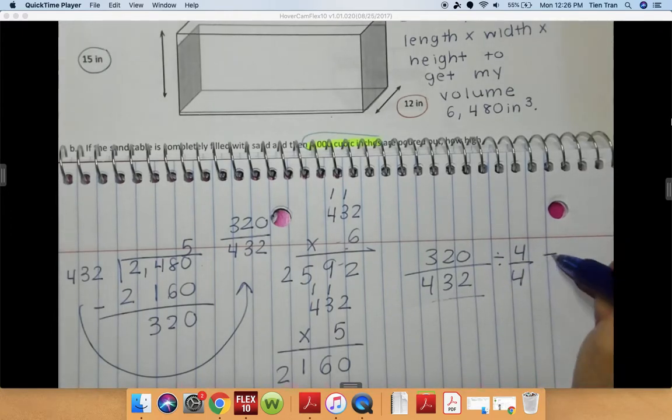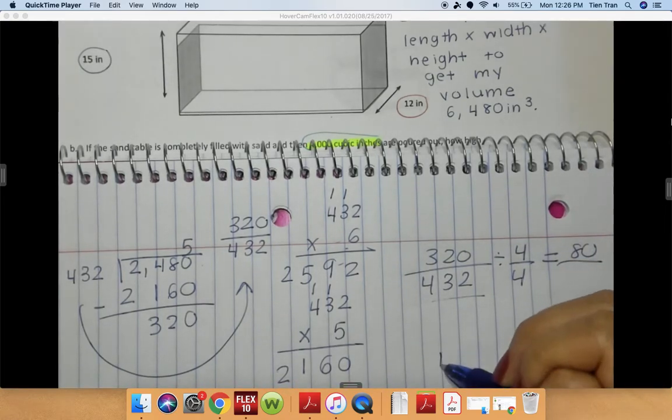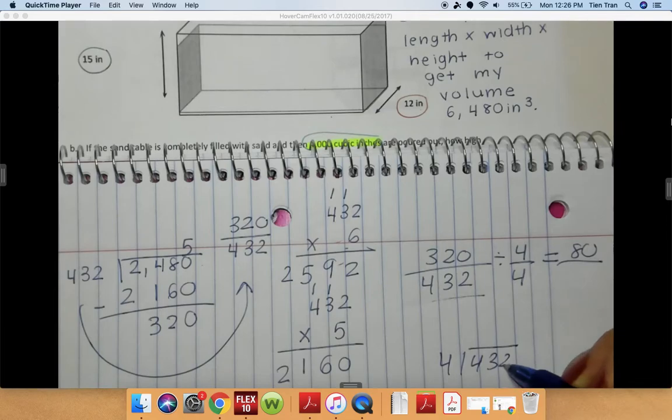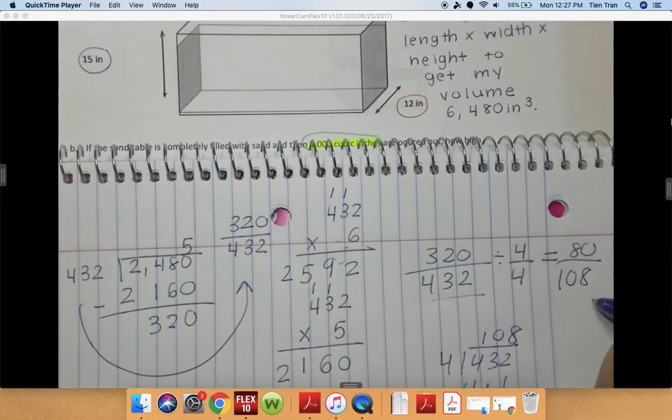I know that 4 can go into 320 80 times, and 4 can go into 432, let's see, 108 times. And even then, I can divide it even further.